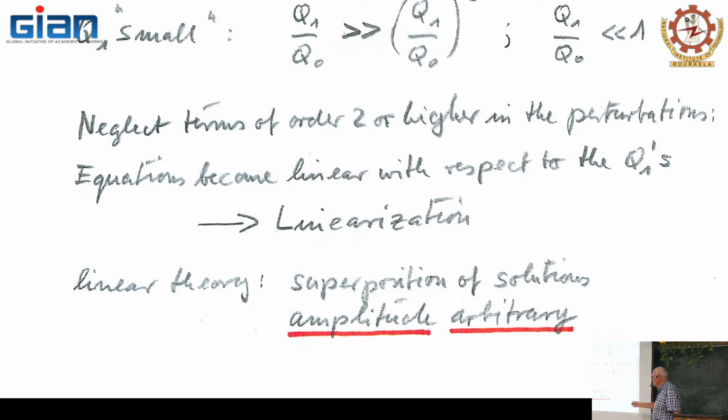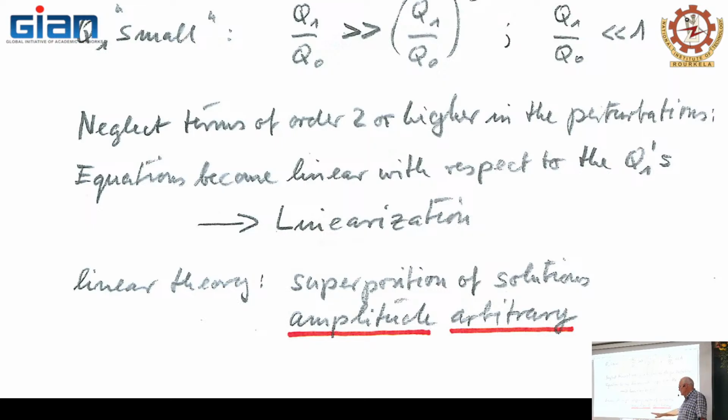That means, on the other hand, that we cannot determine the amplitude of a perturbation, because we can always multiply any solution with an arbitrary factor, and it will become a solution again. That means the amplitude of the solution cannot be determined in principle from a linear theory. Okay? This is a major drawback of this linear theory.